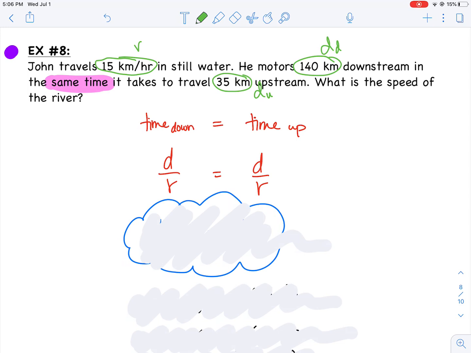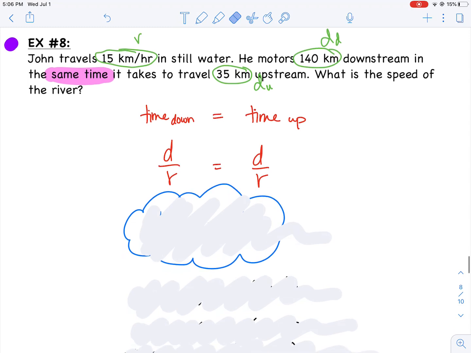Do we know the speed that it took to go upstream or downstream? Now be careful. We only know the speed that it took him in still water. So now we've got to think about going upstream or downstream. If we called the speed of the river R, when I go downstream, aren't I going to go faster?